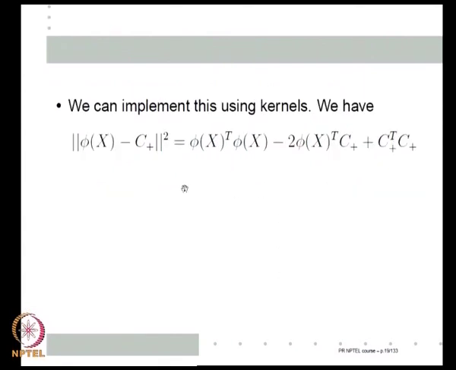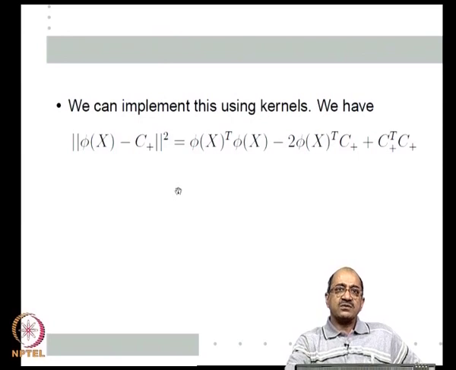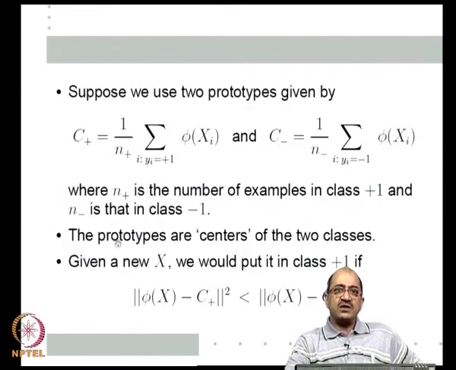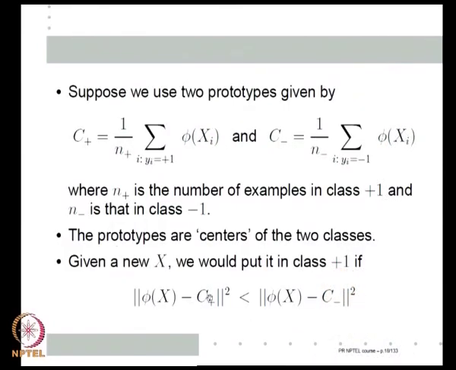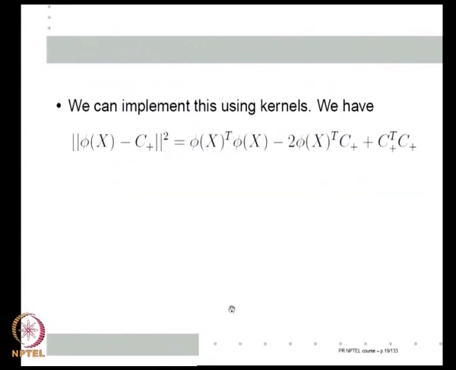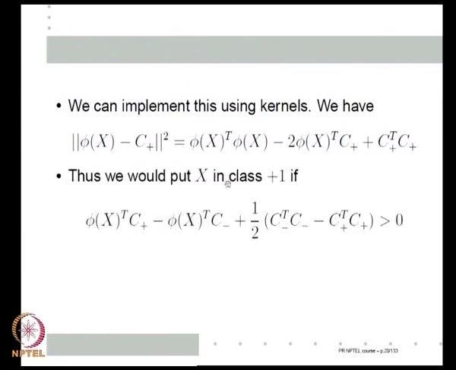Now, we can do all this using kernels as follows. Basically we need to look at this phi x minus C plus whole square, right, that is the distance. By expanding phi x minus C plus whole square, it becomes phi x transpose phi x minus 2 phi x transpose C plus plus C plus transpose C plus. Now, I want phi x minus C plus whole square to be less than phi x minus C minus whole square. So, do the simple algebra, this constant term cancels on both sides.